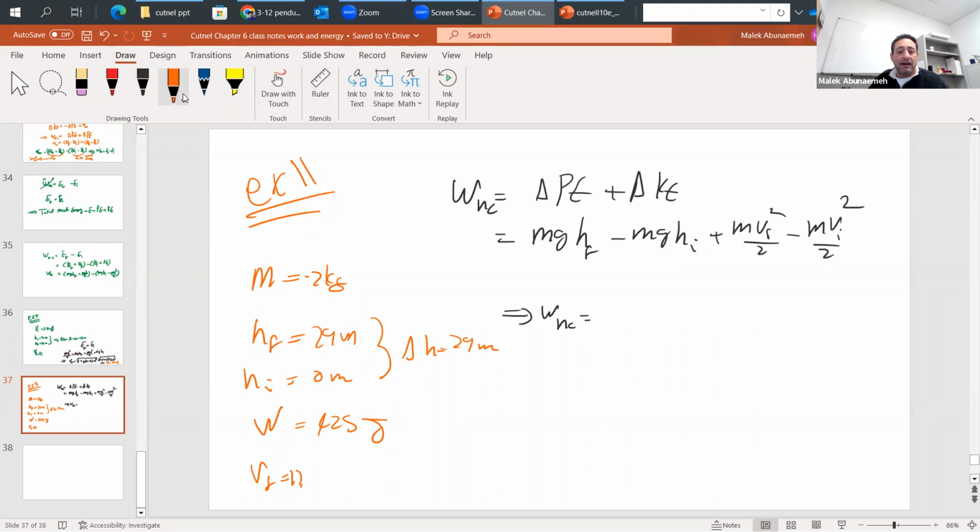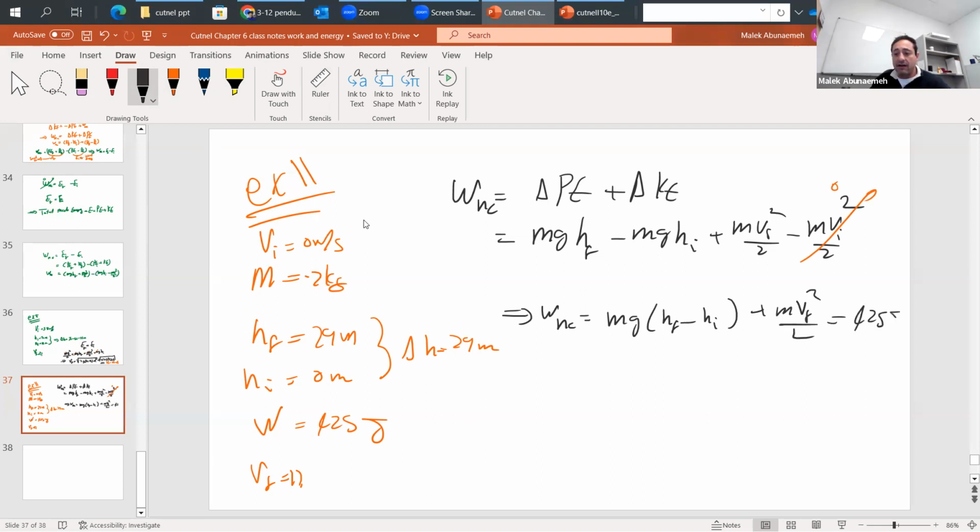Now we said that your initial velocity is 0 meters per second because you were starting off. So this term is going to go to 0. So your non-conservative work is going to equal mg times the difference in the heights plus mv final squared over 2, which is going to equal 425 joules.